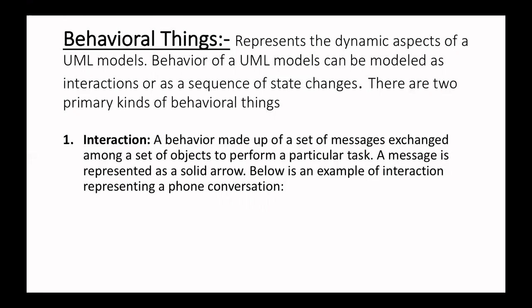There are two primary kinds of behavioral things. First, interaction. Second, state machine. Now I am discussing interaction. An interaction is a behavior that comprises a set of messages exchanged among a set of objects within a particular context to accomplish a specific purpose.